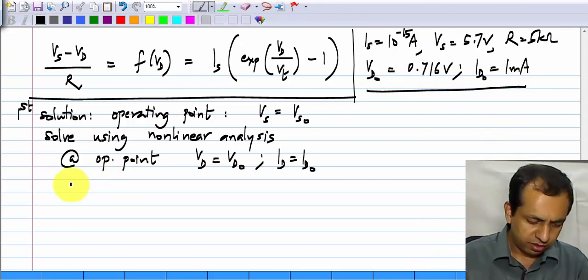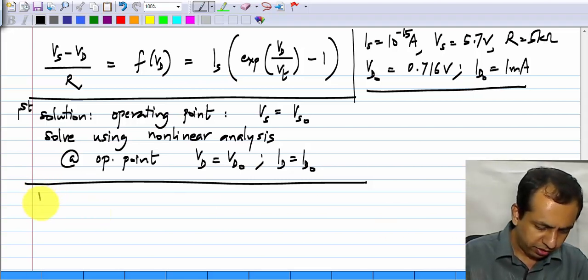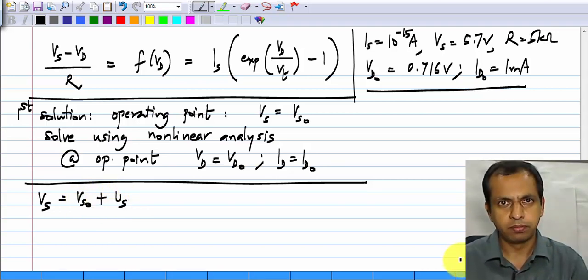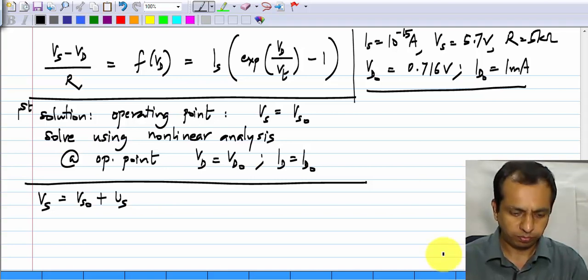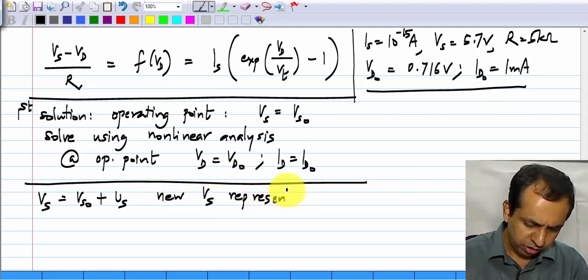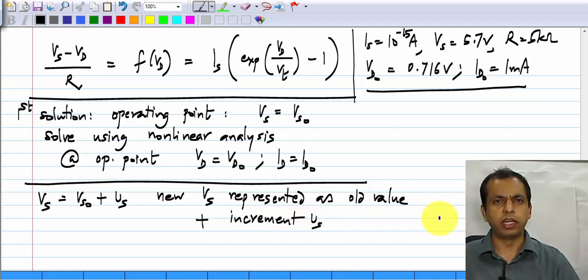Now let us say that we have a different value of Vs. I will represent the new value of Vs as Vs0 plus some lowercase vs. So that means the new Vs is represented as the old value plus an increment, lowercase vs. I can always do this.